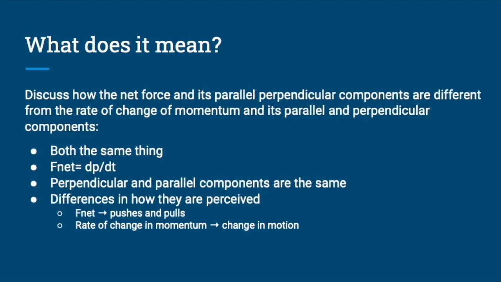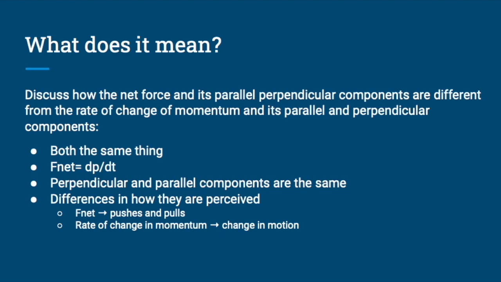So what does that mean? We're asked to discuss how the net force and its parallel and perpendicular components are different from the rate of change of momentum and its parallel and perpendicular components. So the thing is that they're both nearly the same thing, where the net force is equal to the rate of change of momentum, and their perpendicular and parallel components are the same.